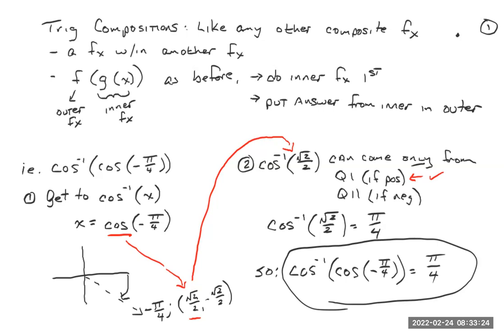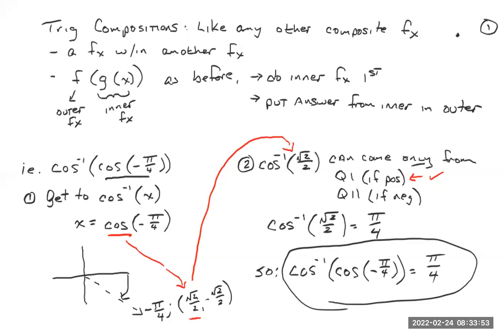Here I have the arc cosine, or cosine inverse, of the cosine of negative pi over 4. Now, we've been defining where you can do an arc cosine. Can I do an arc cosine of negative pi over 4? No, I cannot, but that's not what I'm asking. We're asking about the cosine of negative pi over 4, which is perfectly okay.